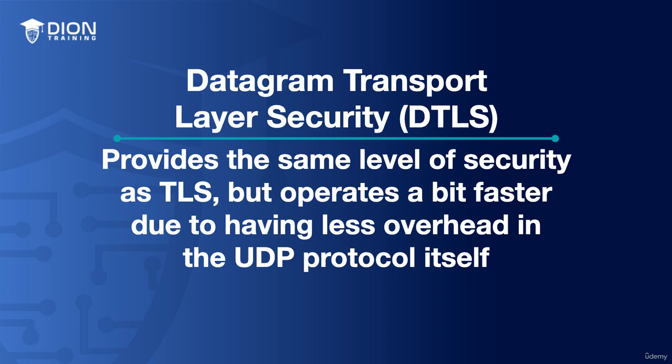This provides the same level of security as TLS, but operates a bit faster due to there being less overhead in the UDP protocol itself. DTLS is an excellent choice to use when you're wanting to provide video streaming and things like that over a secure encrypted tunnel. This provides the end user with security over UDP and prevents eavesdropping, tampering, and message forgery that can sometimes happen in clientless VPN connections.